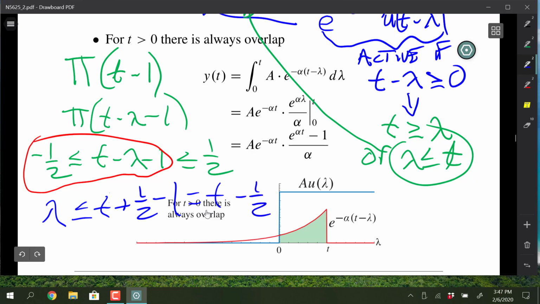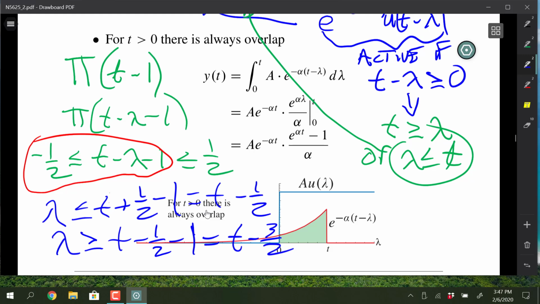And then the other inequality, when I move lambda over to the far right-hand side, will be for lambda greater than or equal to t minus 1/2 minus 1, which equals t minus 3/2.